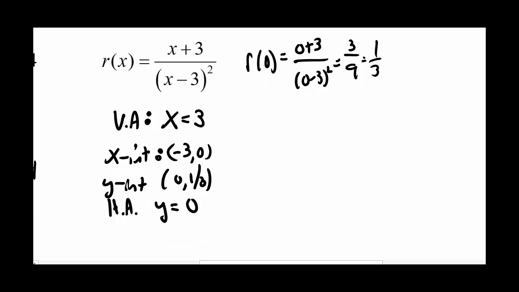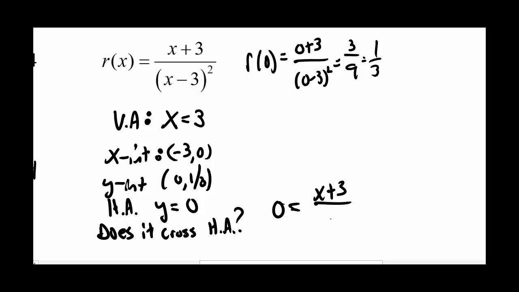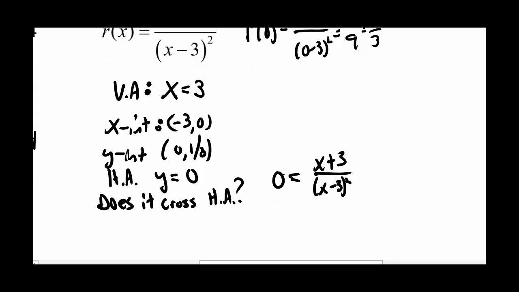And then the last question I want to ask is, does it actually cross the horizontal asymptote somewhere? So does it cross the HA? I want to take the number that's the horizontal asymptote and set it equal to the equation and see if there's a y value that it generates. Okay, so I'm going to multiply 0 by x minus 3 squared, which is going to give me x plus 3.